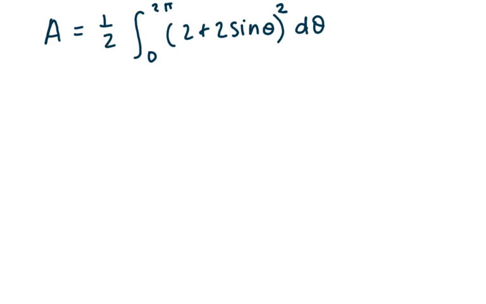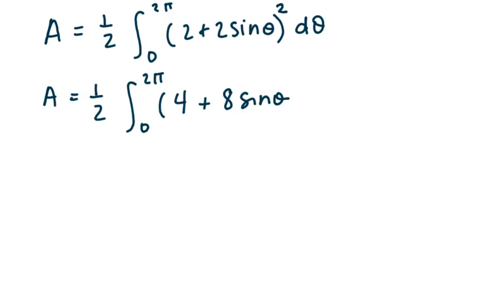So the first thing I do when there's something being squared that's pretty gross is I'm just going to expand it. Okay, so I'm going to leave the 1/2 out front, and I'm just going to do 2 plus 2 sine theta times itself. So that would give me 4 plus 2 sine theta times 2, so that's 4 sine thetas.